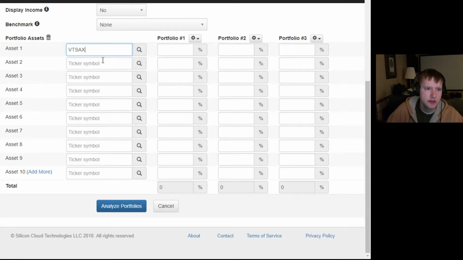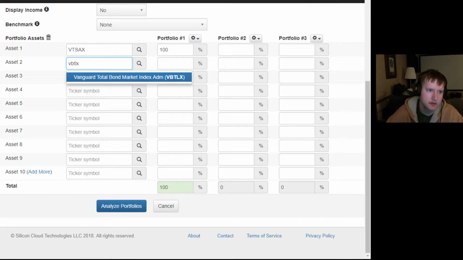So you can pick something like VTSAX, which is the Vanguard Total Stock Market Index Fund. And you could say the first portfolio that I want to look at is just going to hold the entire stock market. That's what VTSAX is, right? And then the second portfolio, let's pick VBTLX, Vanguard Total Bond Market Index.